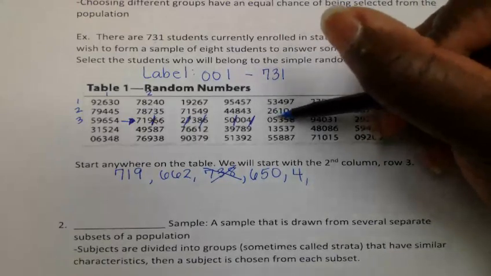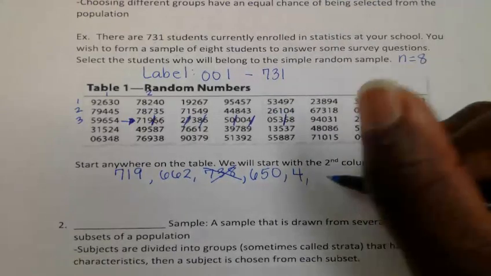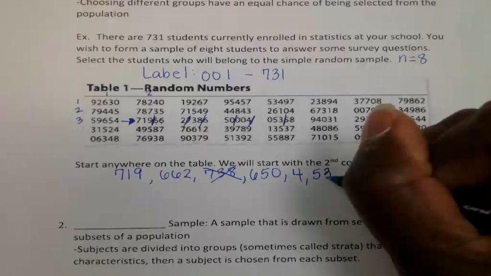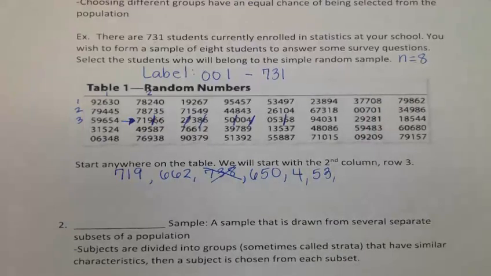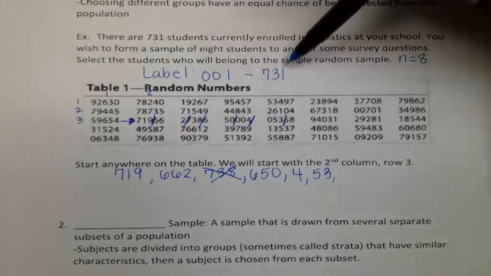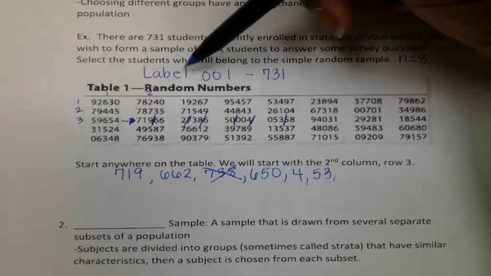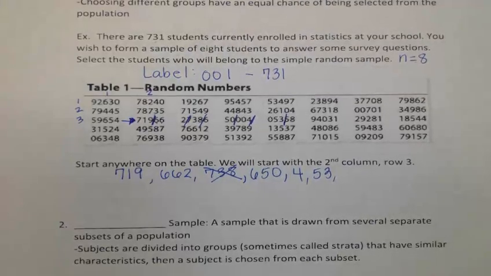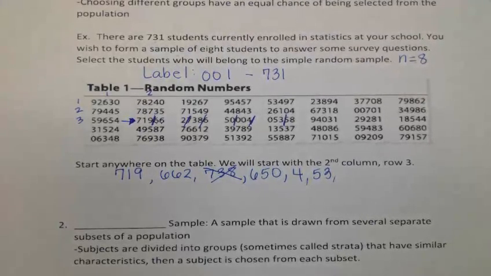Same thing for the next, 123. That's student 53. This is how we keep everything even, how we keep everything fair. So if I just do three digits, then I'm missing every one from 0 to 99. So I have to keep it fair.